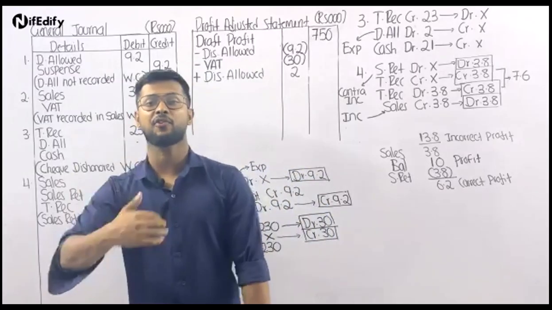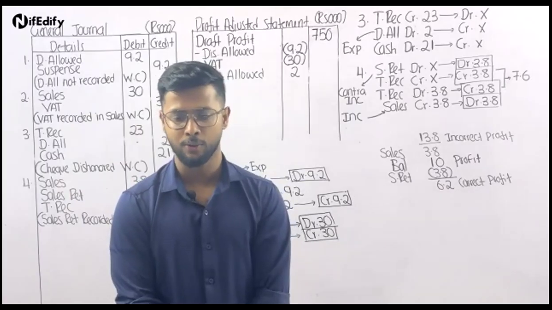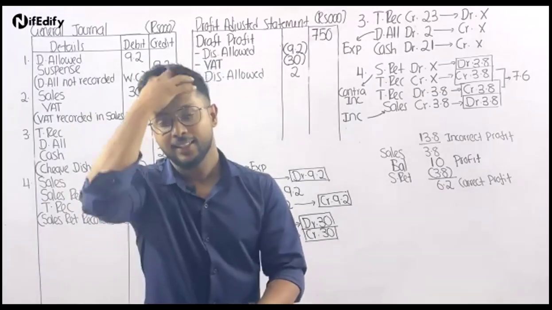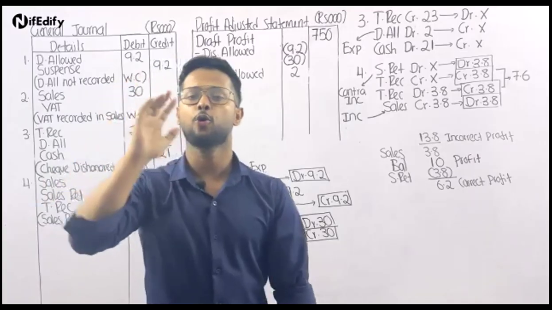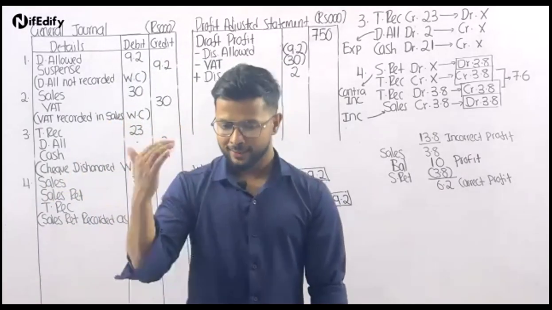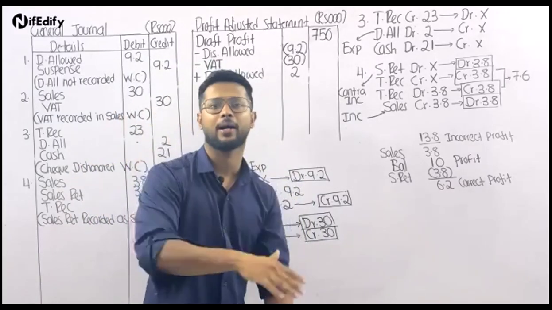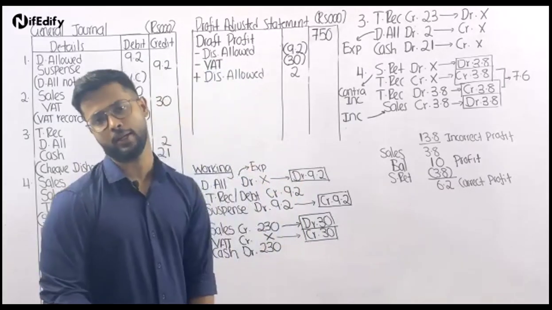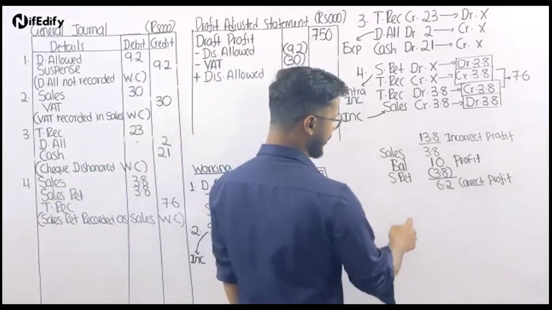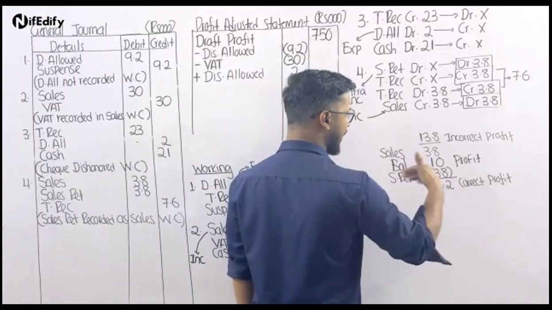Instead of crediting, if you debit, it will get debited twice. This is a universal logic that is applied no matter what subject you do. So instead of deducting, you added, and it gets added twice.